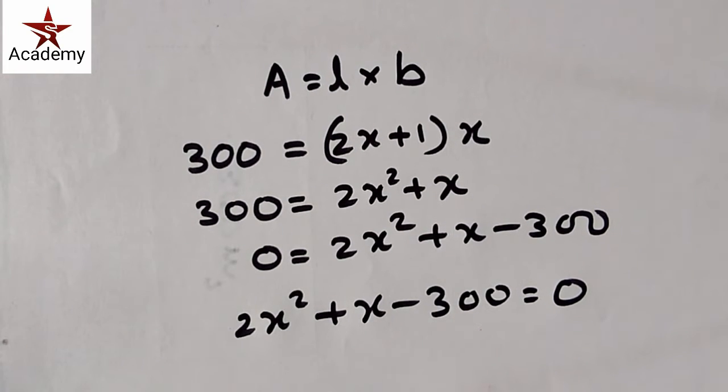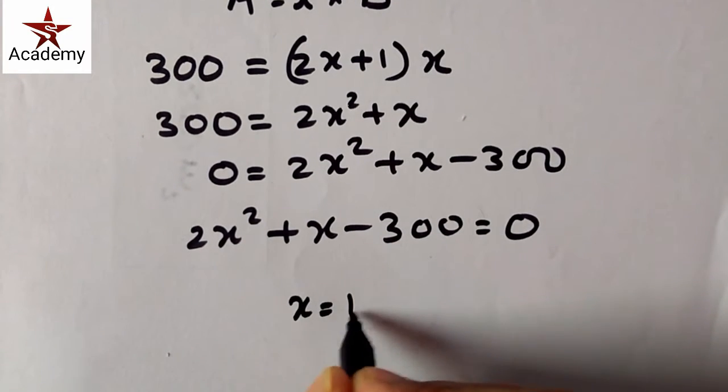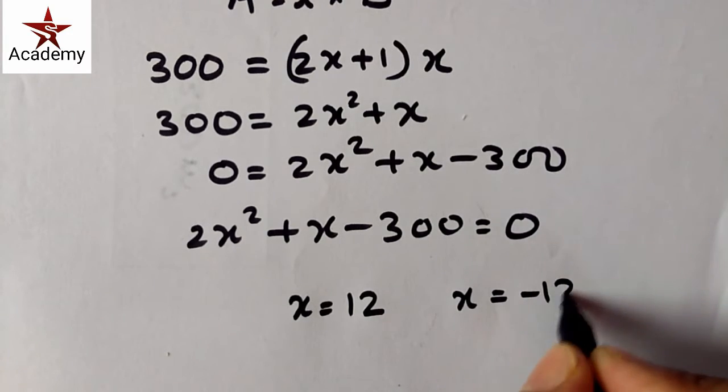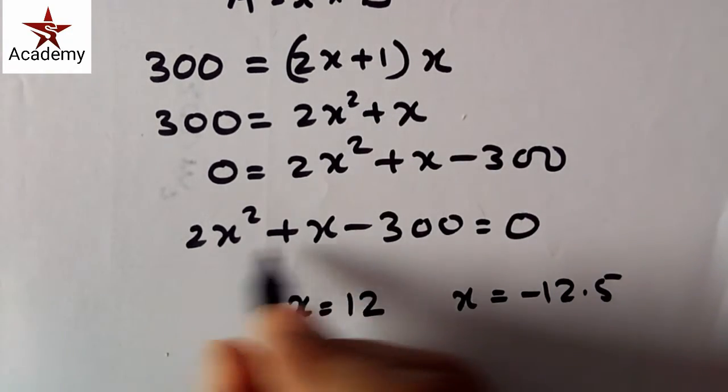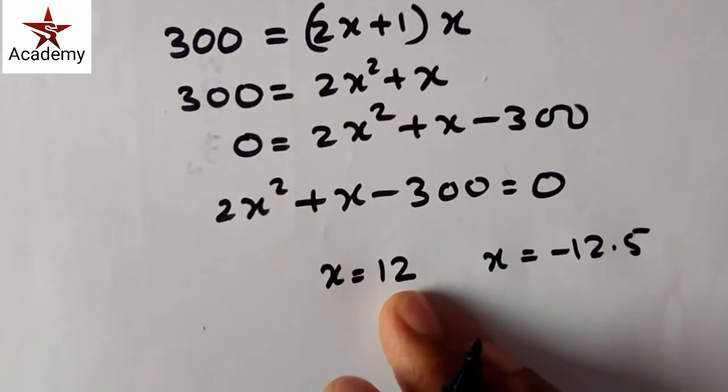Now if I put x is equal to 12 or x is equal to minus 12.5 in this equation, it is going to be balanced.